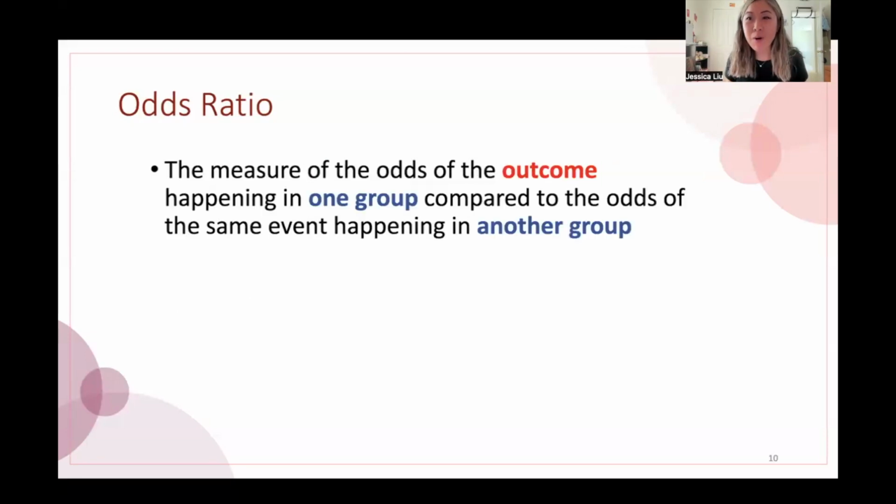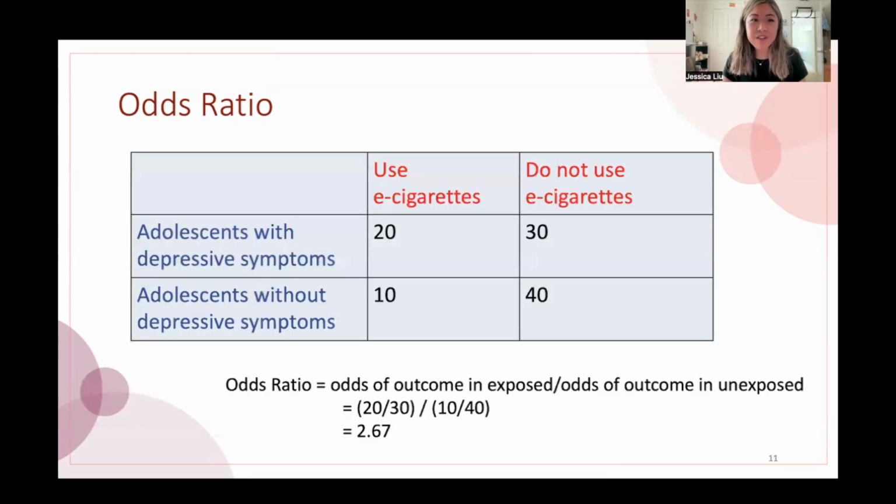The next number that is used a lot in epidemiology is an odds ratio. This is the measure of the odds of the outcome happening in one group compared to the odds of the same outcome happening in another group. Again, this sounds kind of weird and abstract, but I'll apply it back to our example.